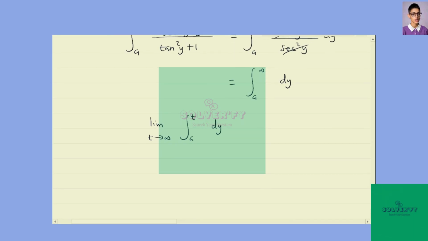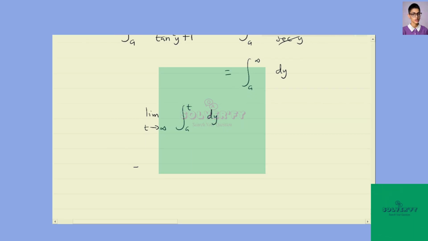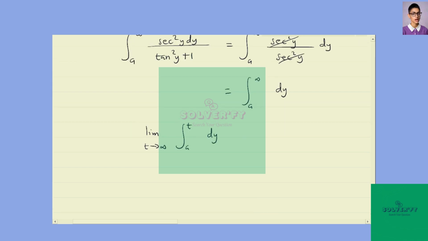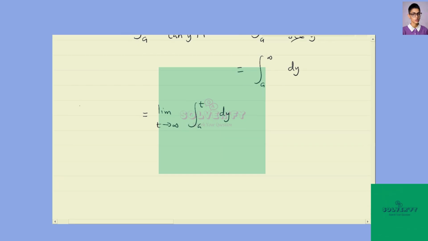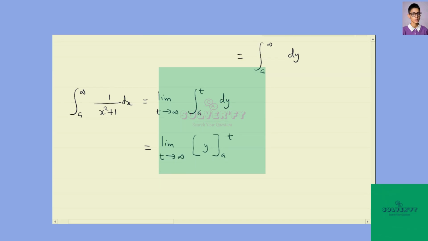So that is equal to the limit as t approaches infinity. If we integrate the whole thing, we have y, then a to t.